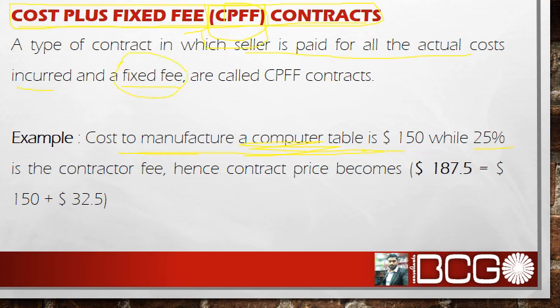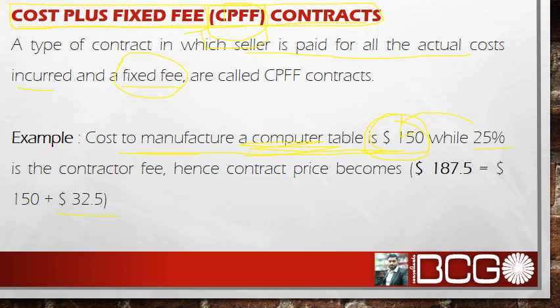Let me say that particular vendor has furnished a total cost accumulating to 150 US dollars. So what will be the final price of the contract? 150 is the actual cost incurred, and 25% of the cost will be profit. 25% is, here you go, 37.5.